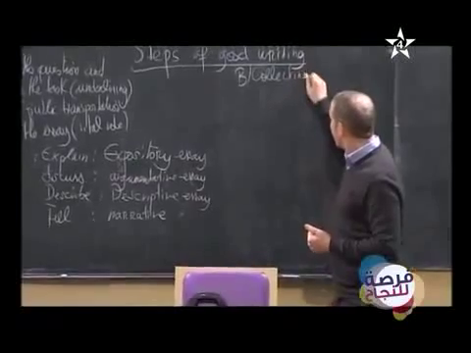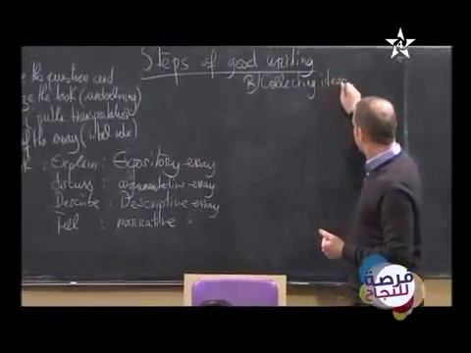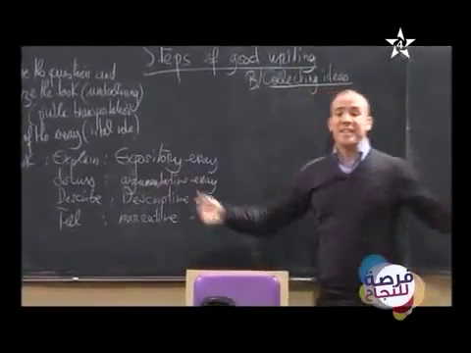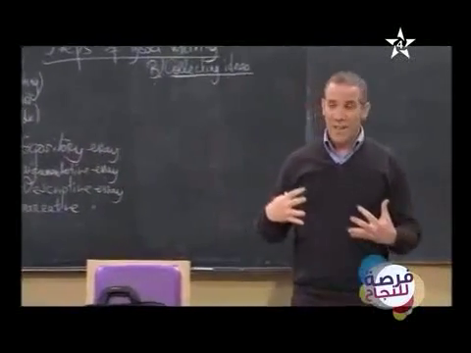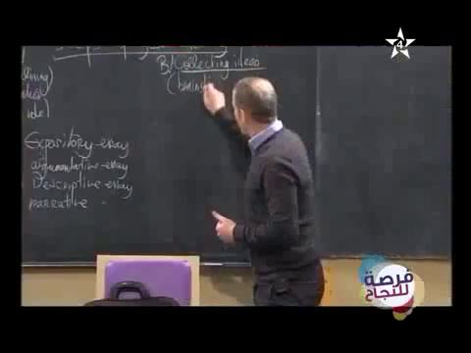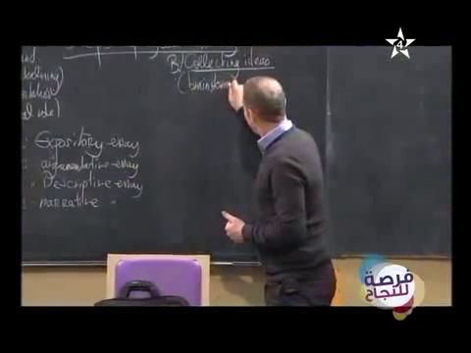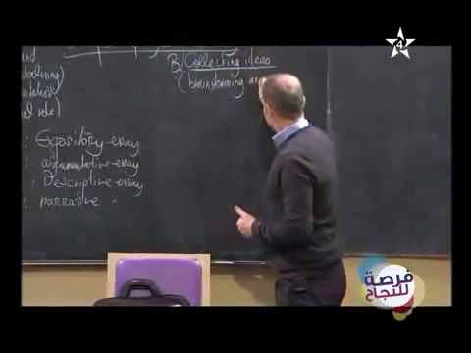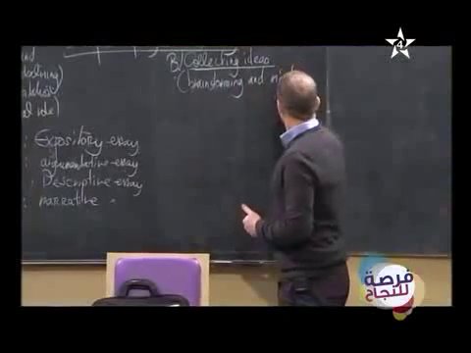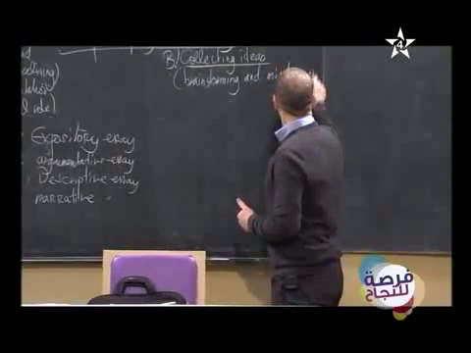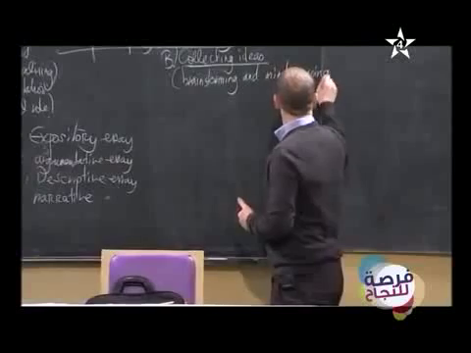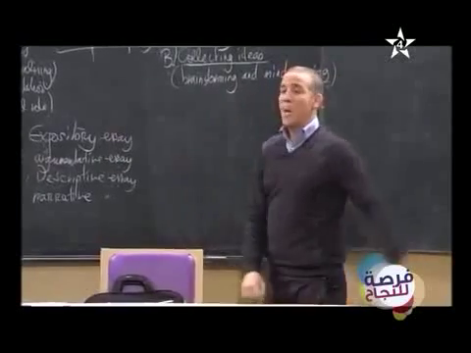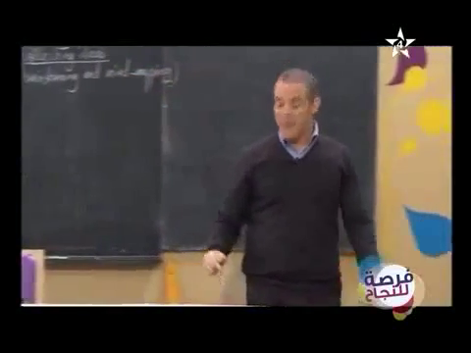Collecting ideas. What ideas am I going to collect and how am I going to do this? I am going to do this using what we call brainstorming and mind mapping.